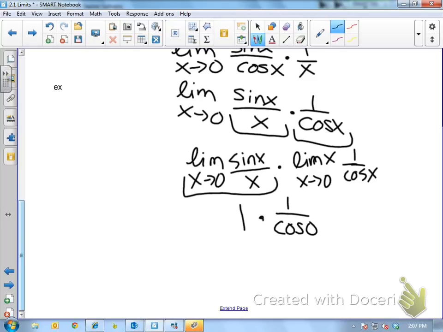What's cosine of 0? I know, we hate trig, but we do need to know this off the top of our head. What's cosine of 0? Zero. Good guess. We know it's one of the two. 1.